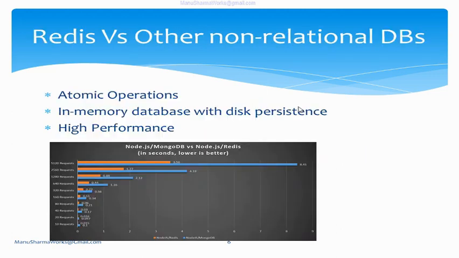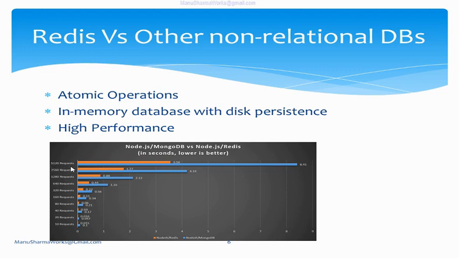There is a comparison that has been done between Redis and other non-relational databases, especially MongoDB. In this comparison, in every test for the different requests, 10 requests, 20 requests, Redis is exceptionally fast in comparison to MongoDB. This test was conducted with Node.js as the user interface and the backend as MongoDB or Redis.